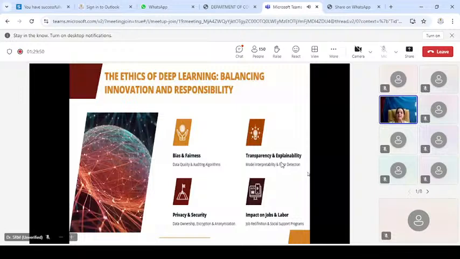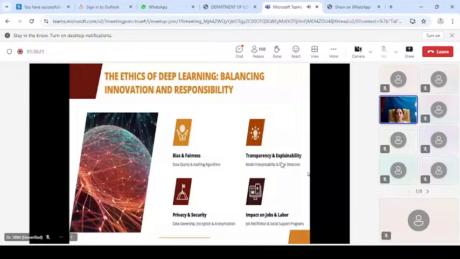Okay. As deep learning continues to transform various sectors, maybe from healthcare to transportation to entertainment, it is imperative that we look into the ethical dimensions of these technologies. We understand DL holds the potential to revolutionize numerous fields. But it also presents significant risks and unintended consequences that must be carefully considered.